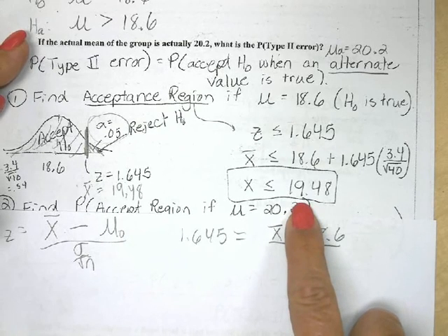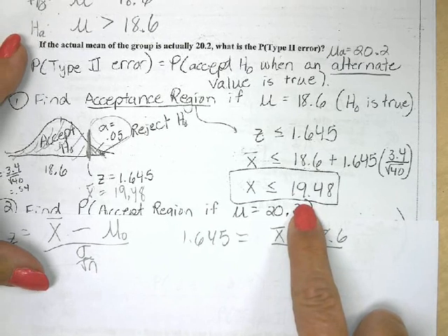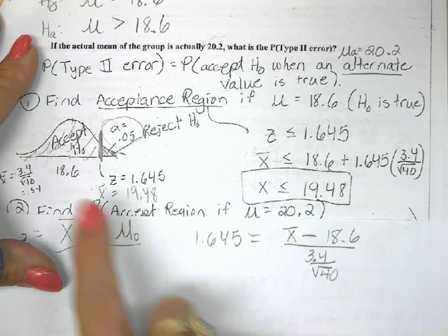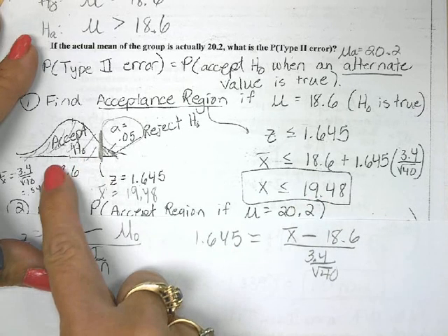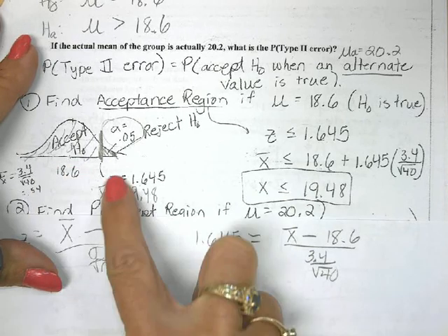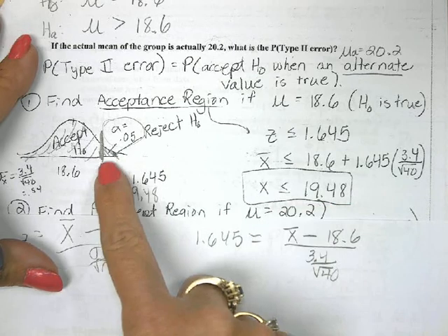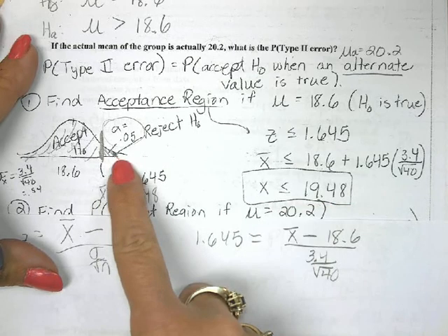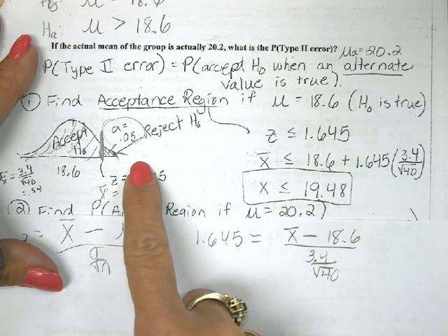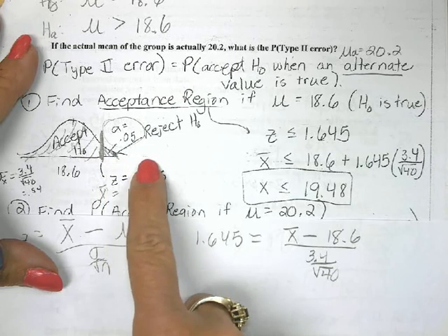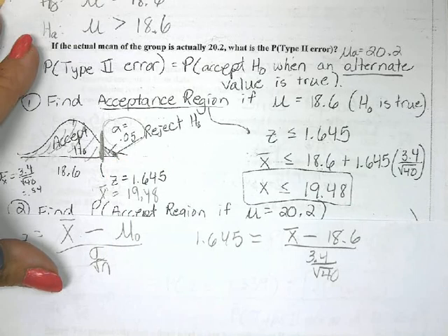So if we sampled 40 numbers, or if Jamie sampled 40 numbers, if she got an x-bar that was 19.48 or less, that would be evidence to say, that's just normal variability. As opposed to if she got something that was greater than 19.48, we'd say, ooh, that's unusual if the mean is 18.6, and that would cause us to reject the null if she got an x bar that was up here.